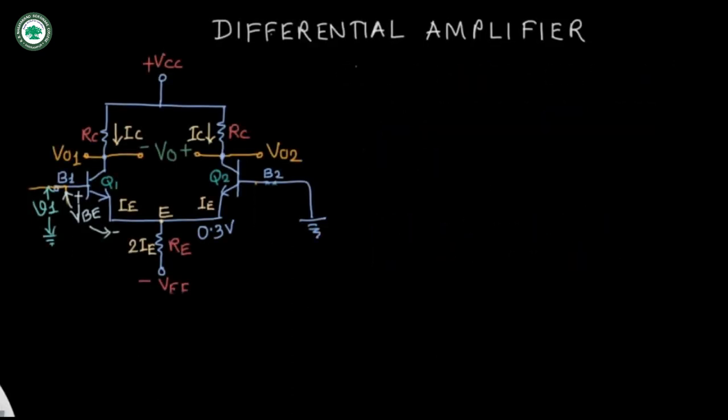Let us consider case 3. In this case, we will consider V1 is equal to minus 1 volt and V2, as in the last case, is considered as 0 volt.